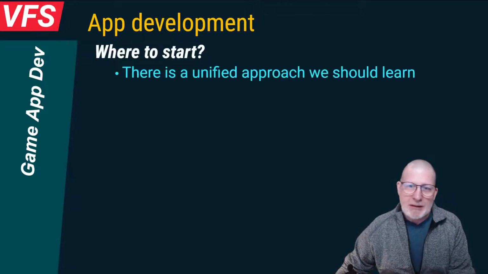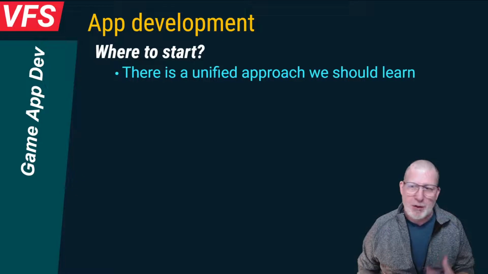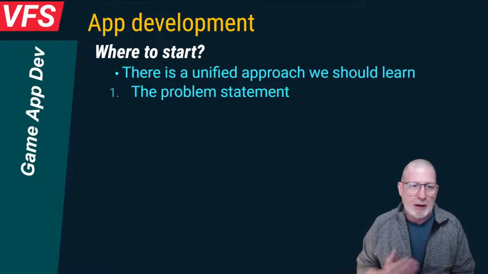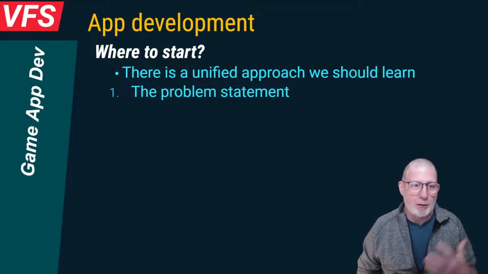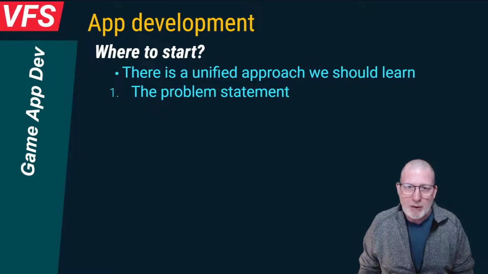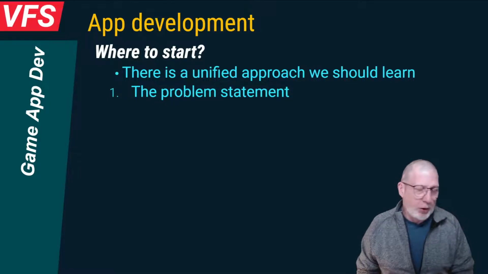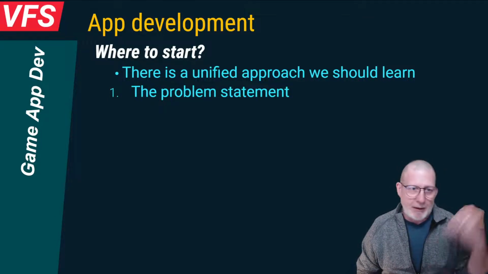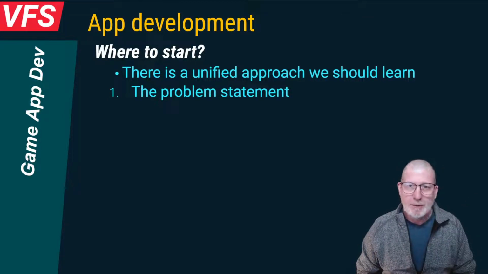So where do you start? Well, this unified approach that I'm talking about is pretty generic across all engineering problems. It always starts with understanding the problem you're solving. And far too often, particularly when we start building software, we get really excited and we're learning new languages and new constructs. And the first thing we do is jump in an editor and start writing code, which is generally the code we're going to throw away 3 hours from now.